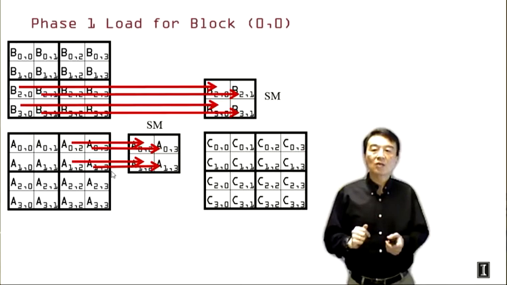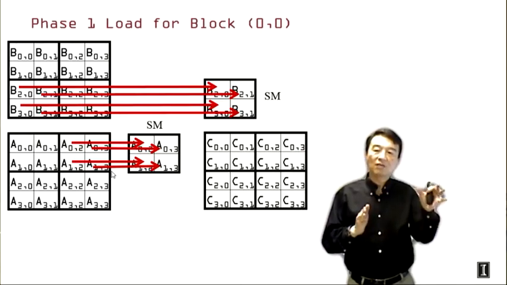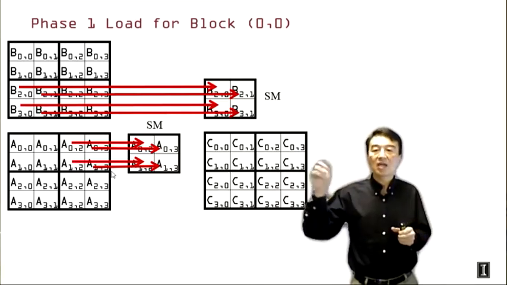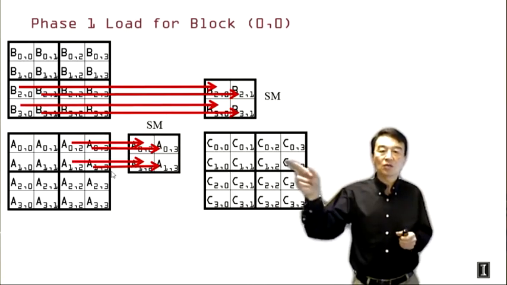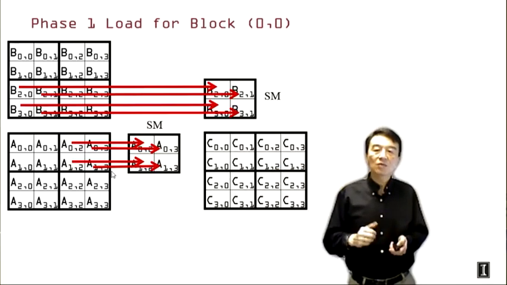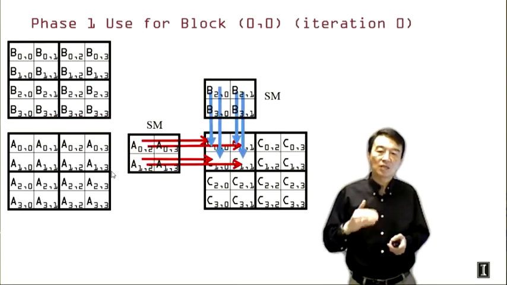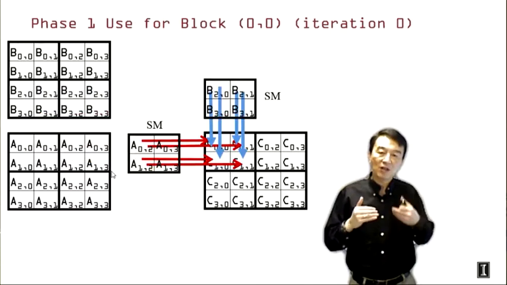So essentially, we're loading the second half of the A strip and the second half of the B strip in order to calculate the upper left corner of the C matrix. Once we have finished loading, we can now consume all the elements from the shared memory.